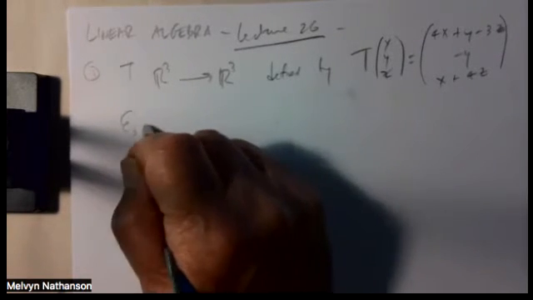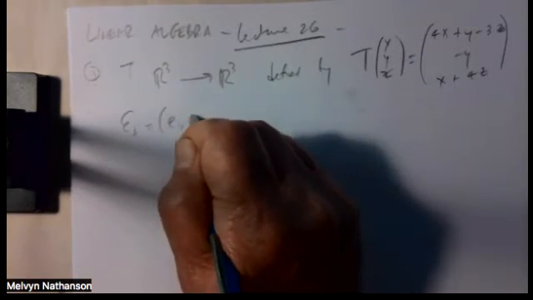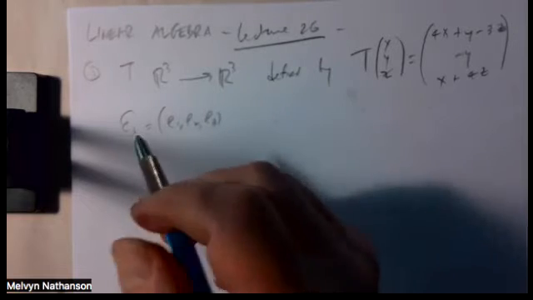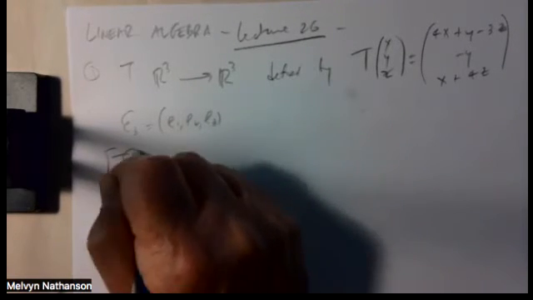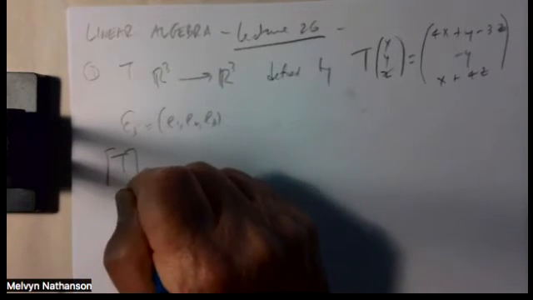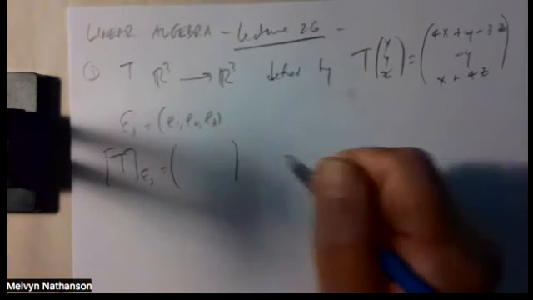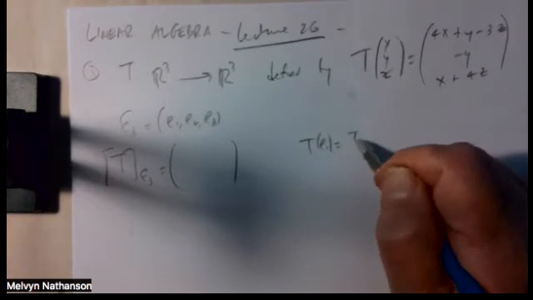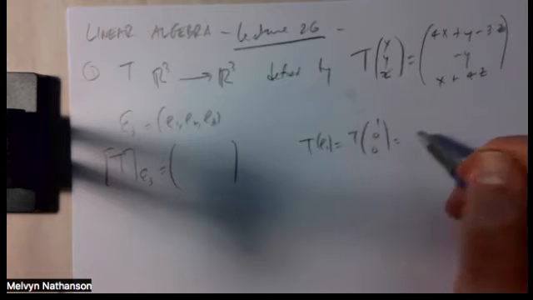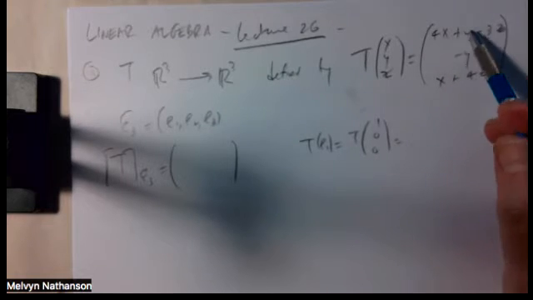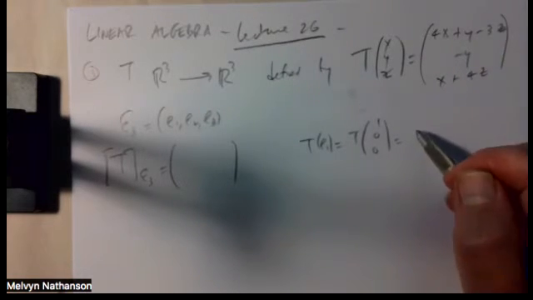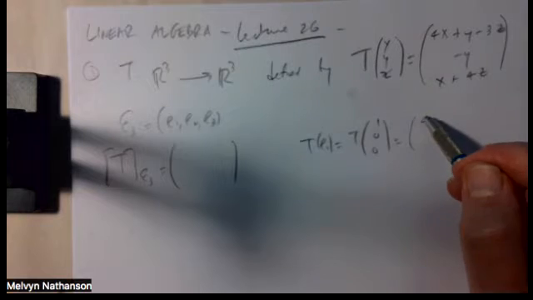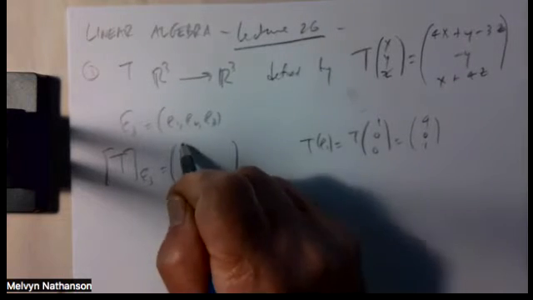And if we take the standard basis, E1, E2, E3, the matrix for T with respect to this basis is what? Well, T of the vector E1, that's T of the vector 1, 0, 0. When x is 1 and y and z are 0, you get 4, 0, 1.